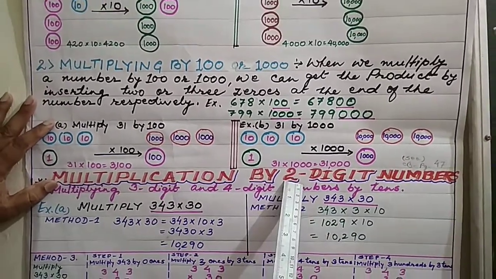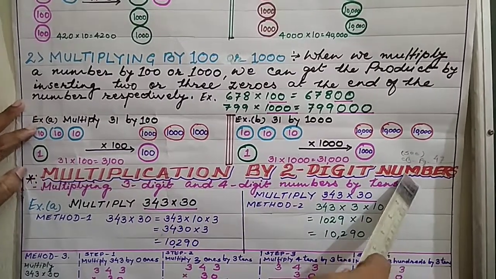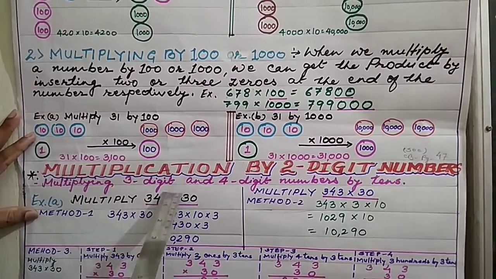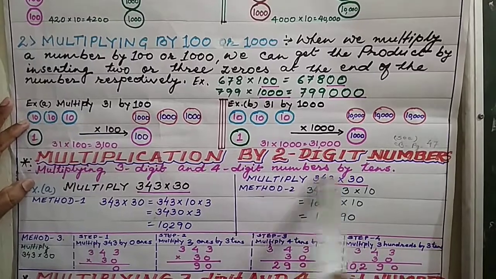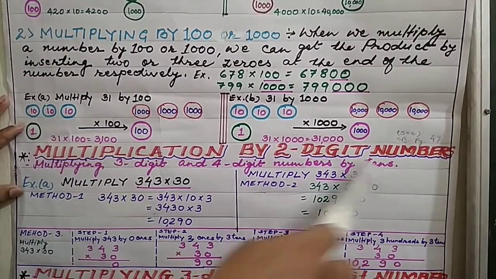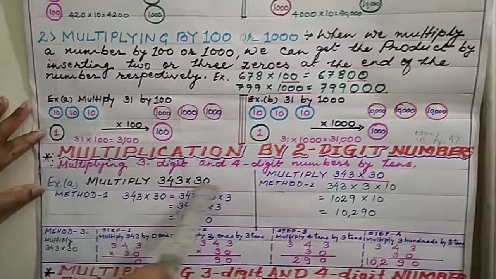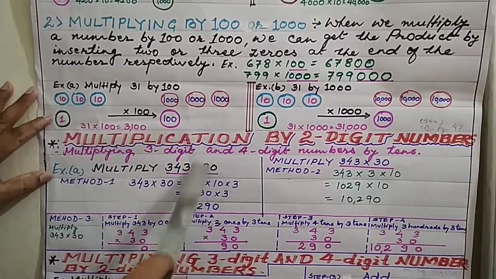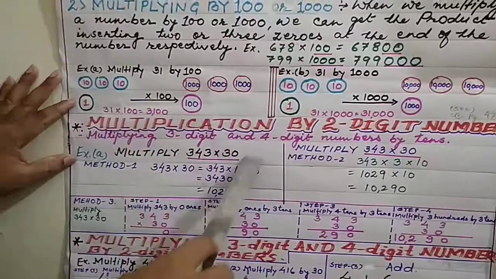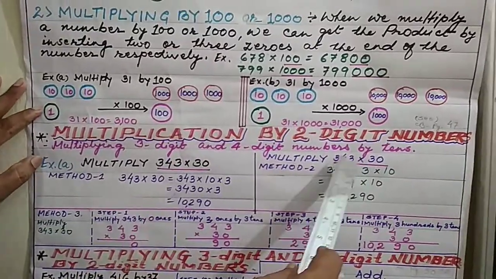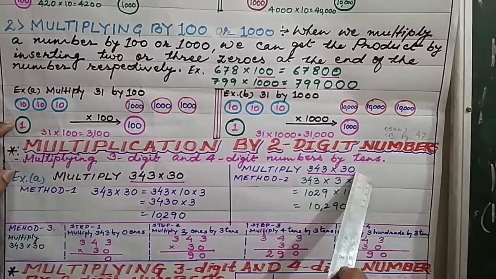Now, multiplication by a 2-digit number. You can see here, multiplying 3-digit and 4-digit numbers by tens. Here I am giving you some examples: 343 into 30. So here a 2-digit number is there. We are multiplying by a 2-digit number, and here also 343 into 30. You can see some examples I have given on the board.